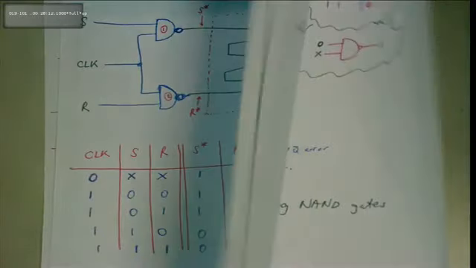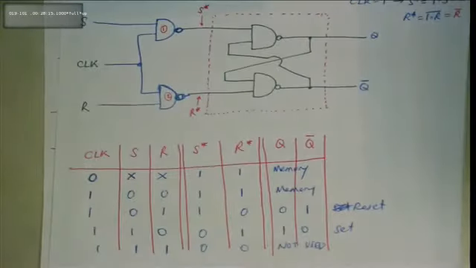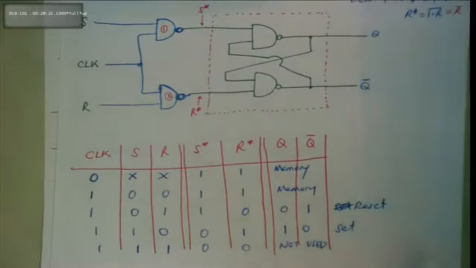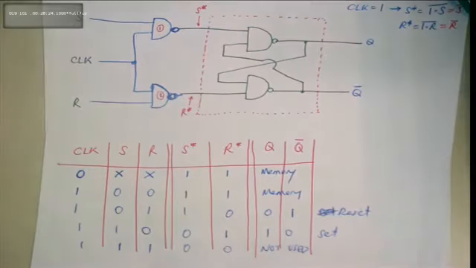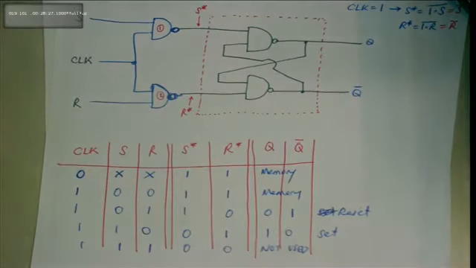Everyone getting with me now? Okay, that's 1, 1. Now, if 1, 1 is going in here, what is this circuit? This part in the dotted box.